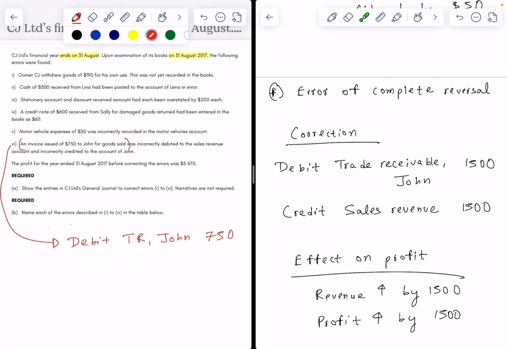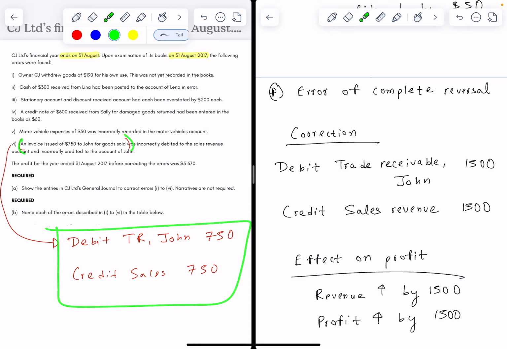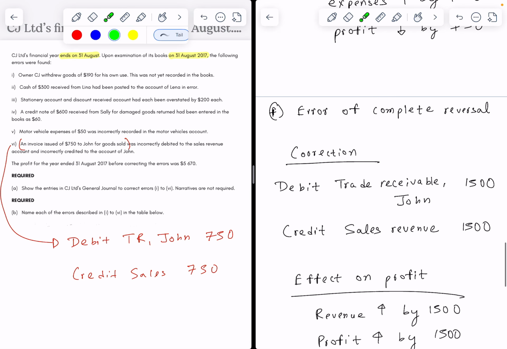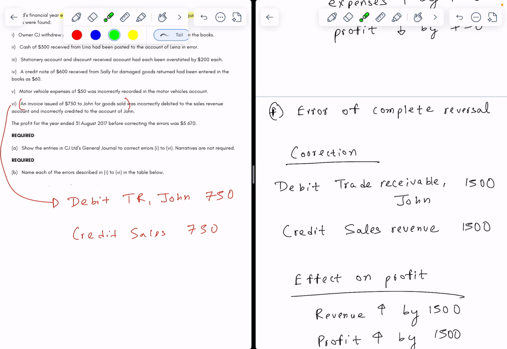And simultaneously, we would credit the sales revenue account because obviously we would have recognized this as our revenue. So based on these first few words, which I have put within brackets, this is the correct way to record it, right? But the mistake that was made where incorrect recording happened was this.